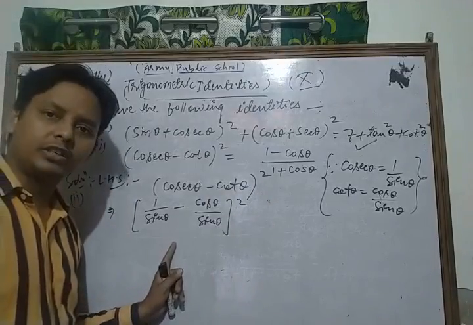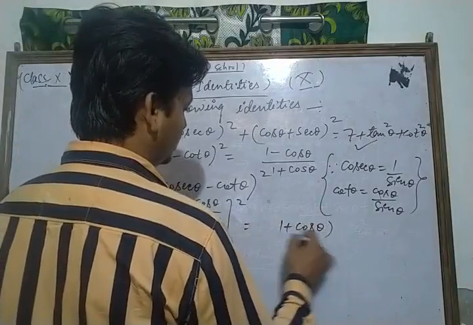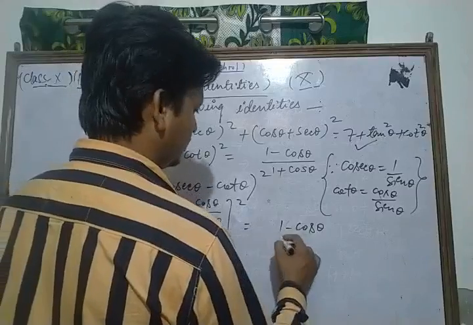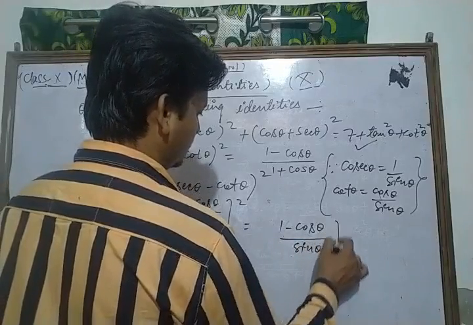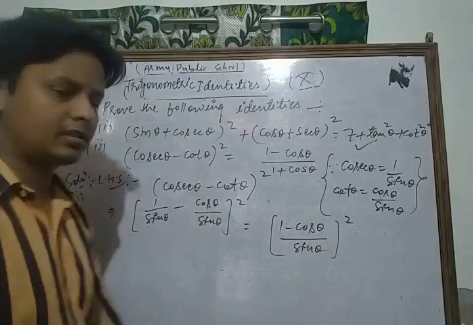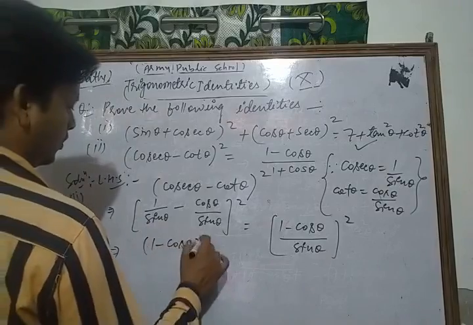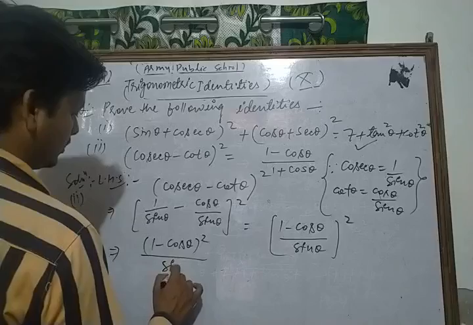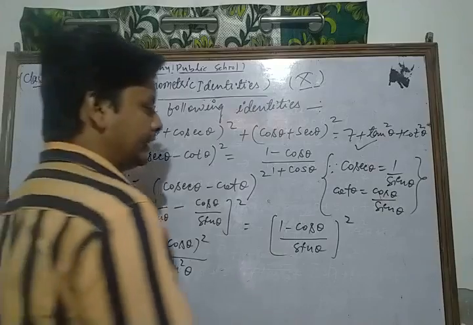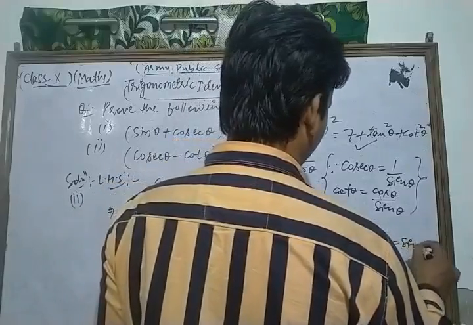Now we take the LCM of their denominator, so we get what? 1 minus cos theta whole square upon sin theta whole square, taking the LCM. Now we split the brackets, so we get 1 minus cos theta whole square upon sin square theta, and we know that 1 minus cos square theta is equal to sin square theta.